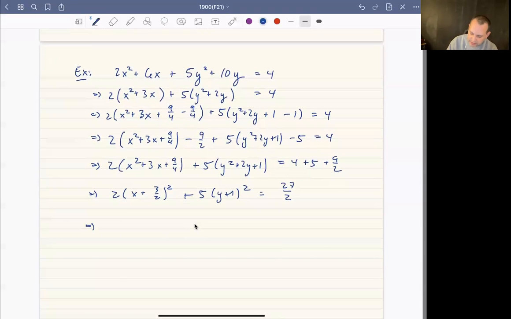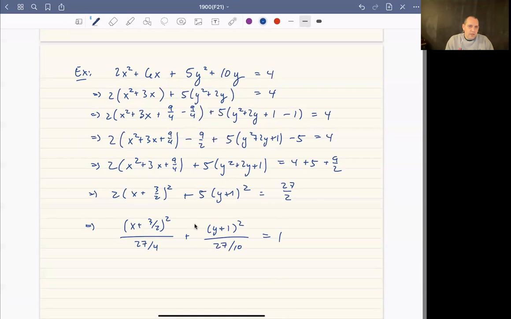And so this is going to end up being, we're going to have x plus 3/2 squared over, this would be 27 over 2, but we have a 2 up top. So this is going to be 27 over 4 plus y plus 1 squared over 27 over 10 equals 1.